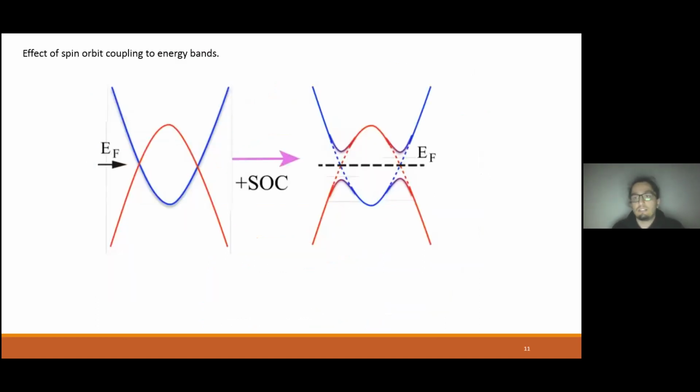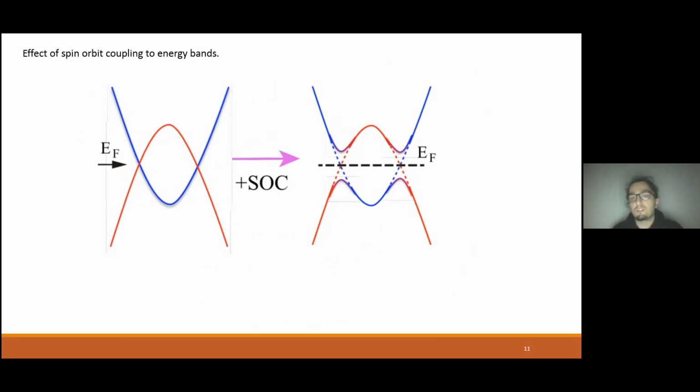So how does this happen? This is basically caused by the spin-orbit coupling. Here, it's a metallic energy band. The conduction band and the valence band are just inside each other. It's metallic behavior, so any electron can be transported from here to here.